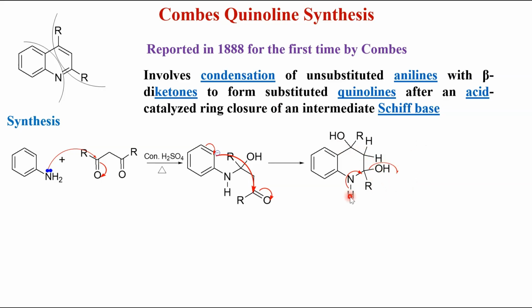And here also the carbon-hydrogen bond breaks. The electrons move and form the bond with the adjacent carbon, and OH gets kicked off and is lost as a water molecule. Two water molecules are removed and aromatization occurs and gives rise to quinoline. We know that aromatic compounds are more stable. This is the driving force for this dehydration.